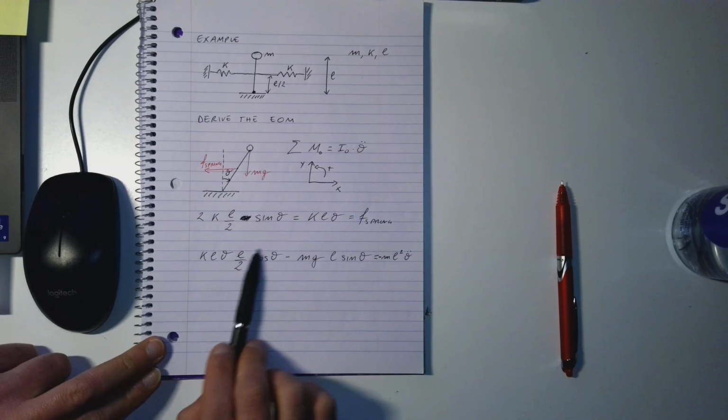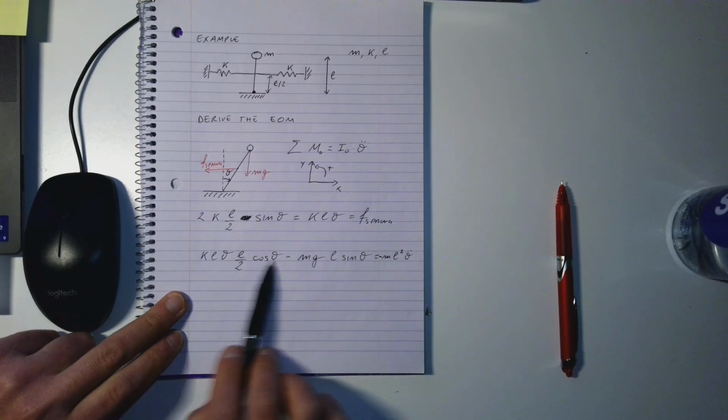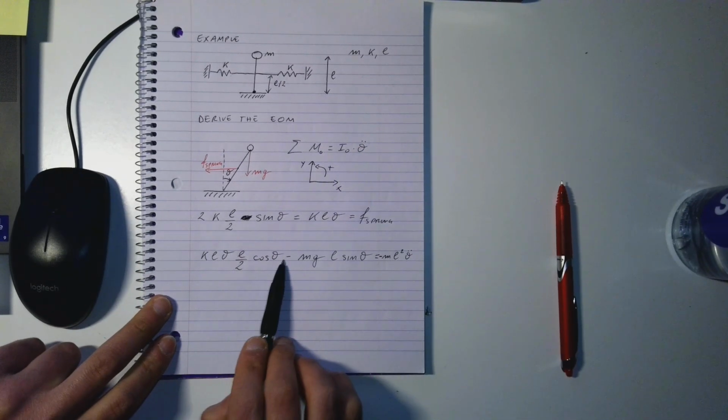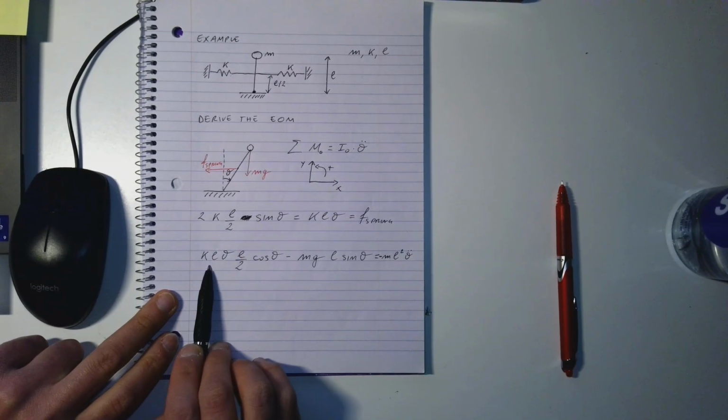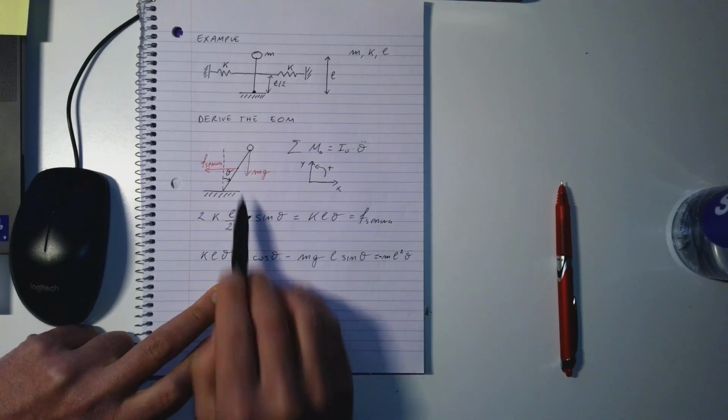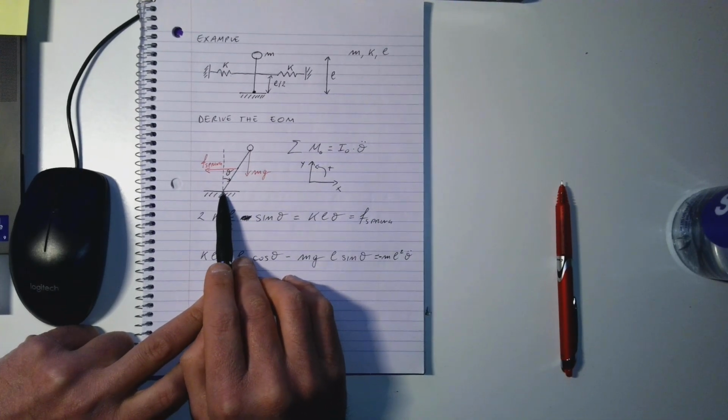This term is the product between the force of the spring and the distance between the force of the spring and point O, the pivot point.